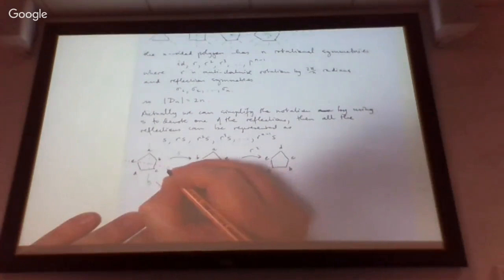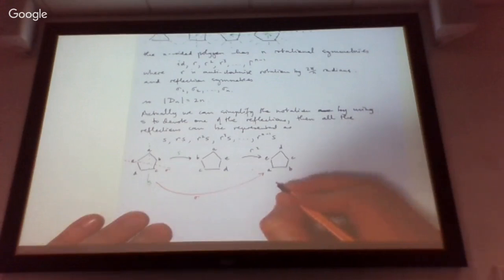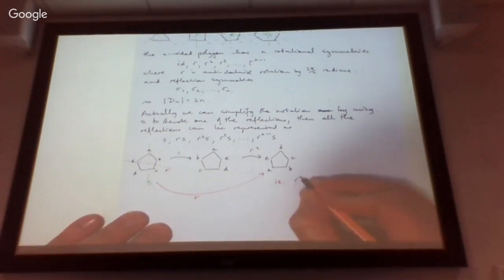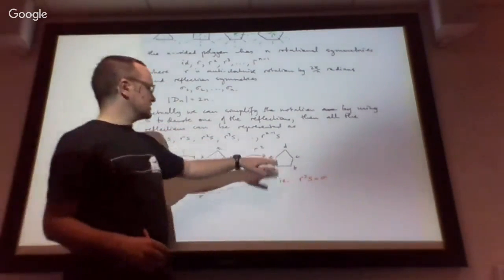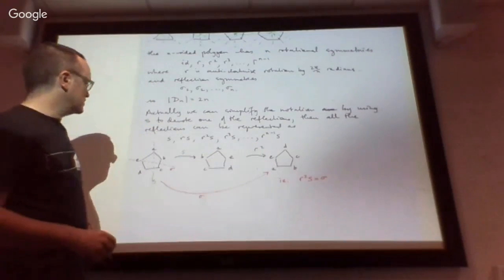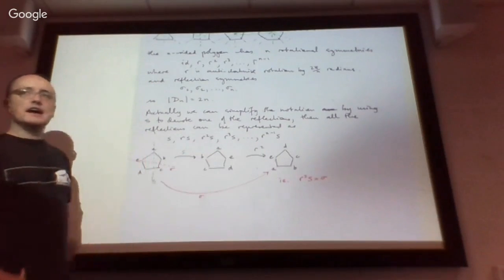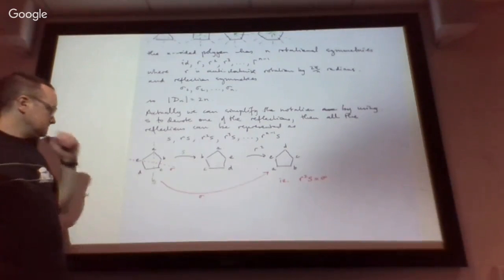That was sigma, i.e. r squared after S is equal to the reflection of the axis. And by using the other rotations, r, r cubed, r to the 4, etc., you can generate each of the other reflectional axes of symmetry. Okay.